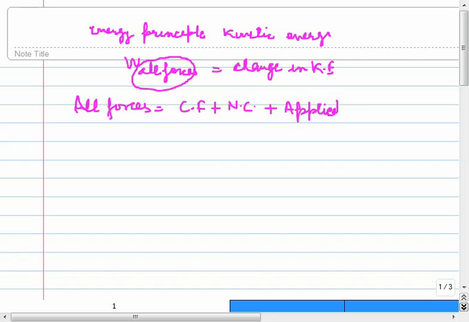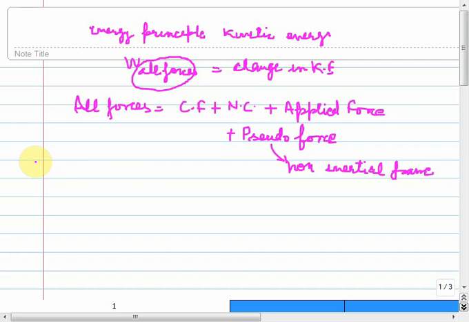There is also one force called pseudo force, which we will study in class 11, but just name it here. These are the various kinds of forces which can act on a body. Pseudo force acts on a non-inertial frame. What is a non-inertial frame? I will not explain here, but only remember that there is a pseudo force.